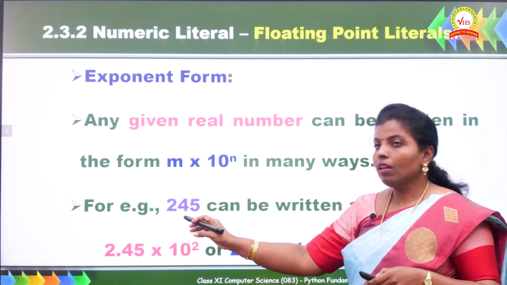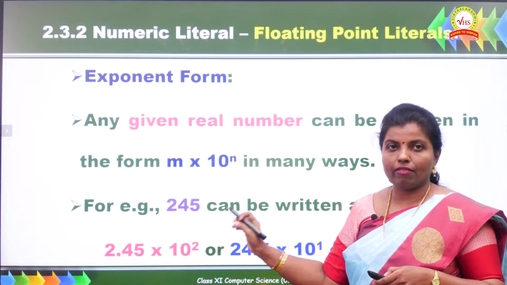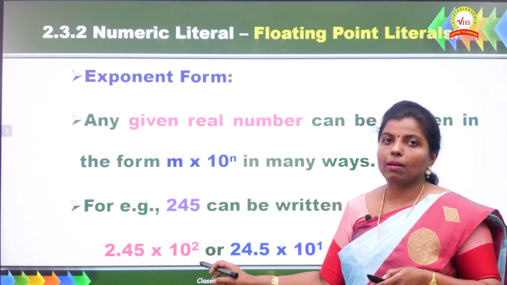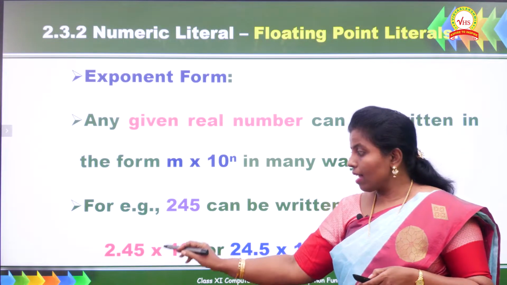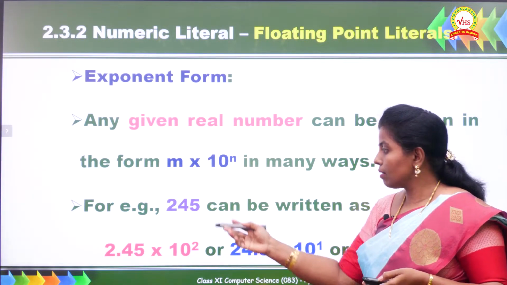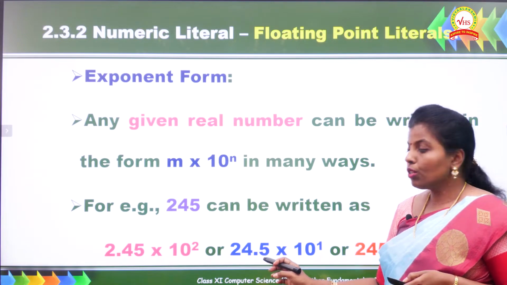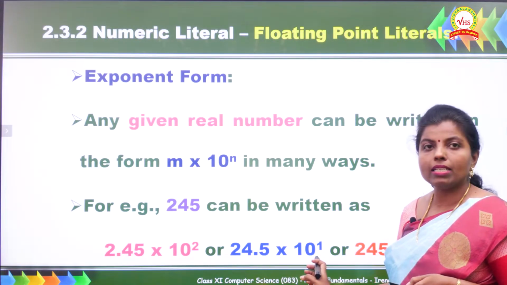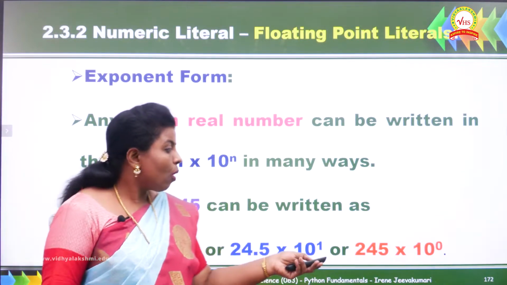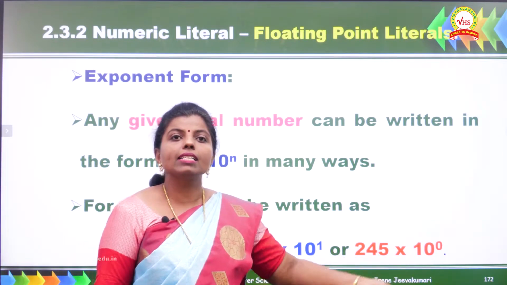Just for example, if I have the number 245, this can be written as 2.45 multiplied by 10 power 2. These are equal, and the same number can be written as 24.5 multiplied by 10 power 1 also, or even as 245 multiplied by 10 power 0.